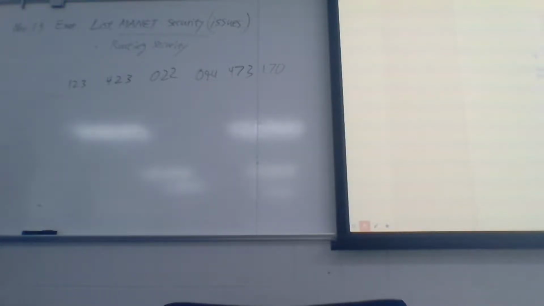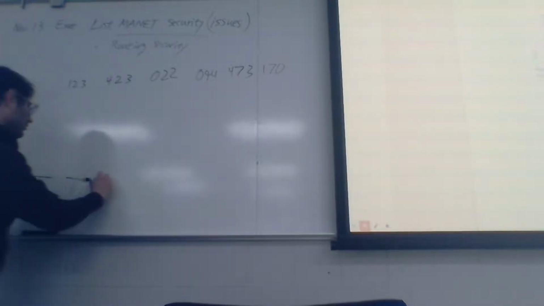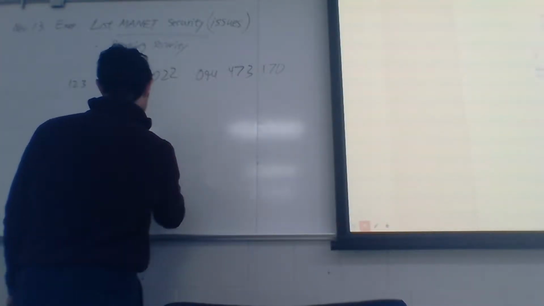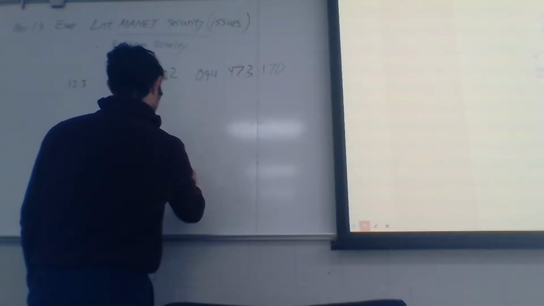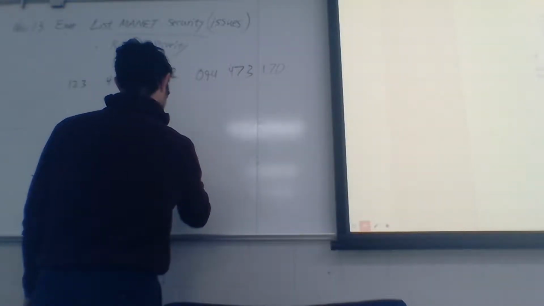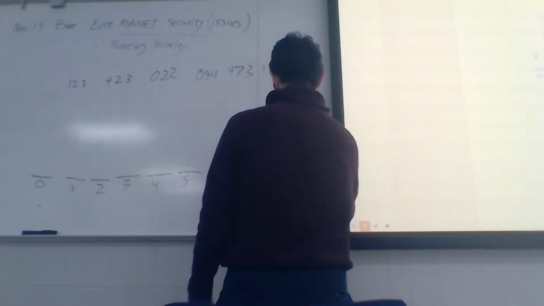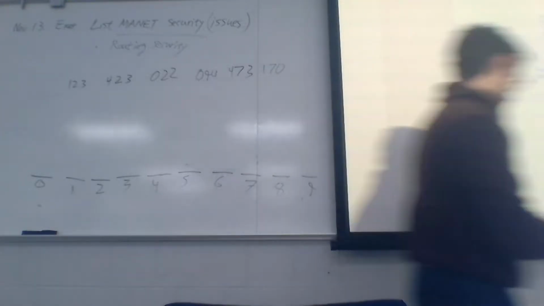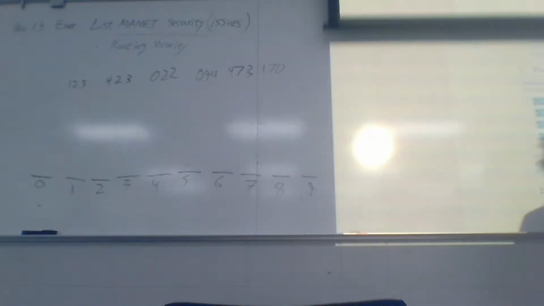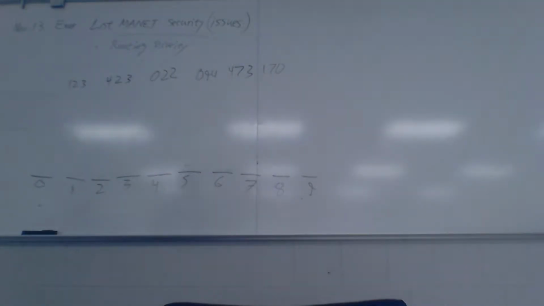But we're dealing with decimal numbers, so we're going to create 10 queues: 0, 1, 2, 3, 4, 5, 6, 7, 8, 9. So we've got 10 queues here, one for each number.